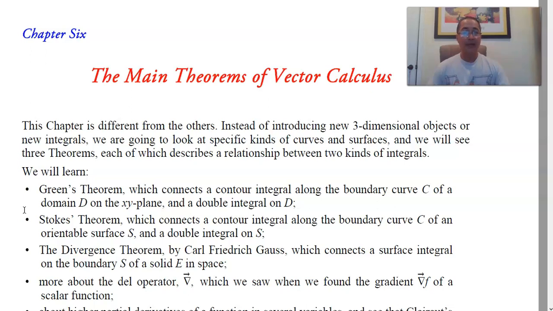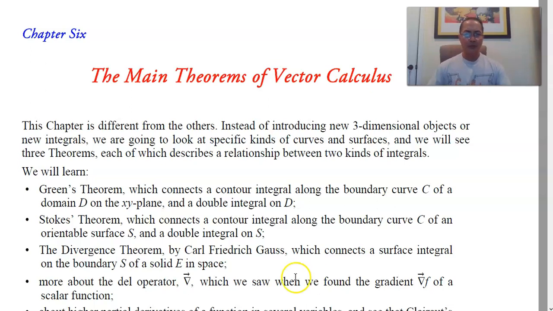And it's due to Gauss, and hopefully you recognize that name. He is one of the most important mathematicians of all time. So Gauss's theorem connects a certain kind of surface integral to a triple integral along that solid. So these three theorems comprise the most important theorems in vector calculus.